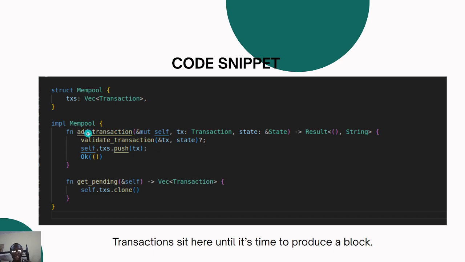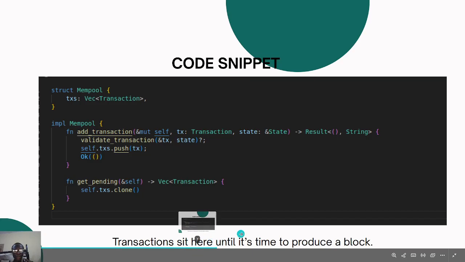So this is the function that adds all the transactions that are validated from the execution clients. It takes transactions and pushes them to our mempool. And when you call the other function, you're calling the list of all the pending transactions that we have. So a transaction sits here until it is time to produce a block.